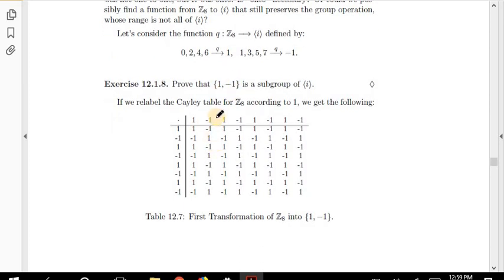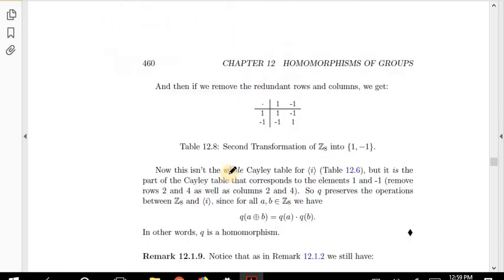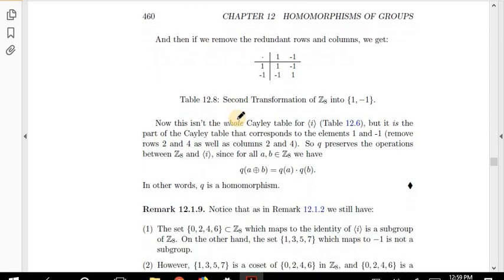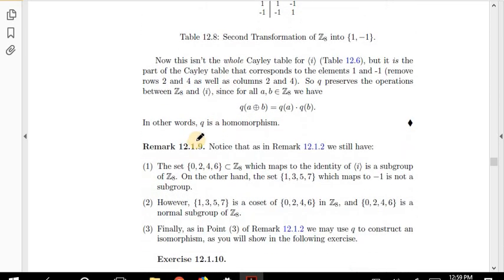So we have the same result, that this relabeling gives us the Cayley table for the range of the function. Okay. So we have the same, and we can look at the same things. We actually have the operation preserved.